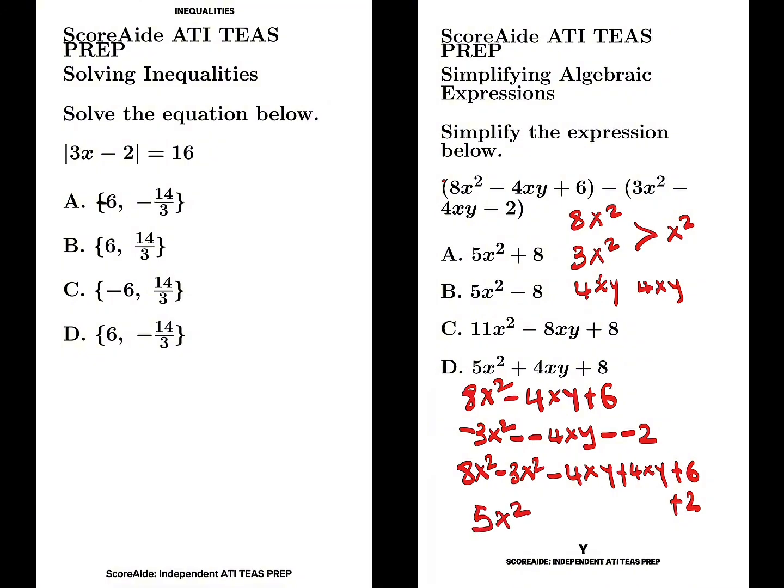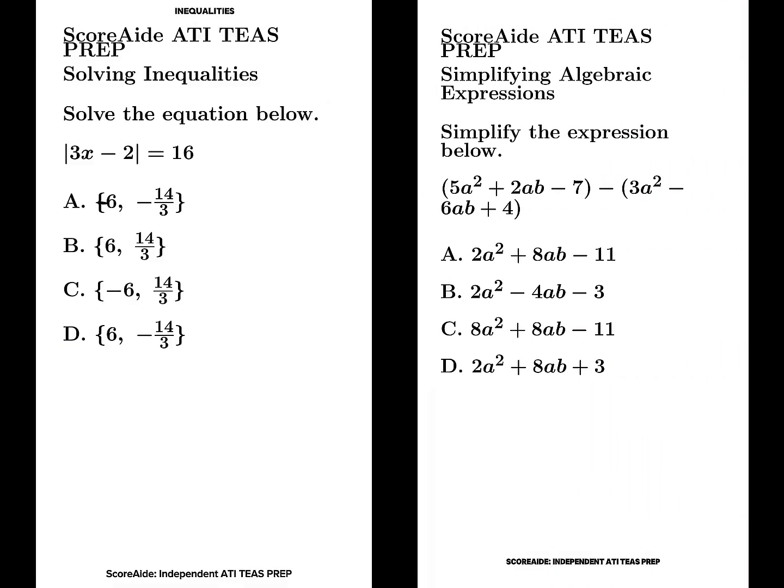Minus 4xy plus 4xy is going to be 0, because those are the same term with opposite signs. So when you add them, it's 0. 6 plus 2 is going to give you 8. So the answer is going to be 5x squared plus 8, which is A, right?